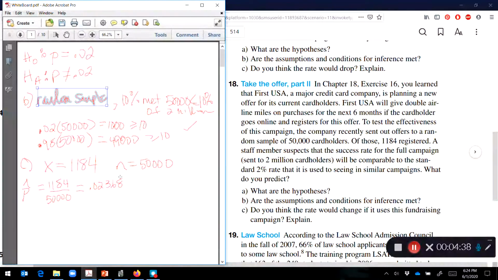Now the next thing we need is the standard deviation of the sampling distribution, the standard deviation of p hat. If you remember, that's the square root of p times q over n. Our p is 0.02, so that's 0.02 times 1 minus 0.02, over the n of 50,000, and then square root all of that result, and we get 0.000626.